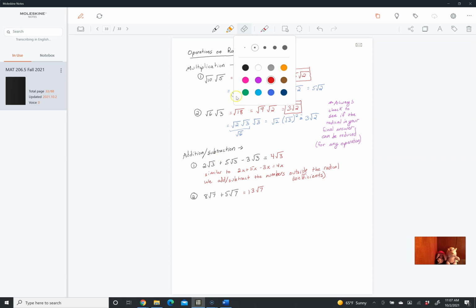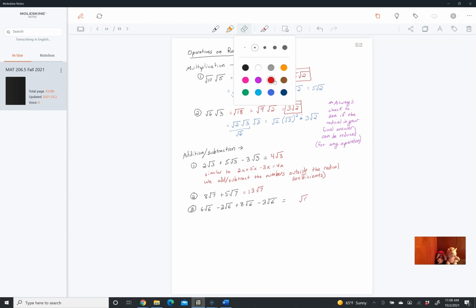Okay, you could take another one. Let's say that we have 6 root 6 minus 2 square root of 6 plus 8 square root of 6 minus 3 square root of 6. Okay, well, this is very similar. All of these radicands that you see are the same.